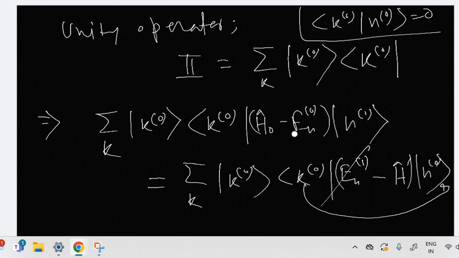Then you have only this one, and here also you have Ek0. If you operate H0 on |k0⟩, it will yield Ek0.